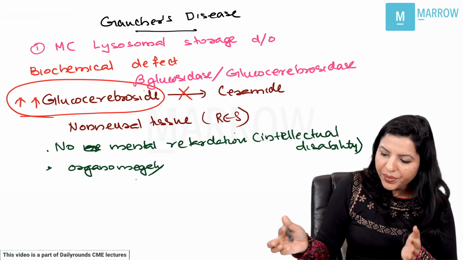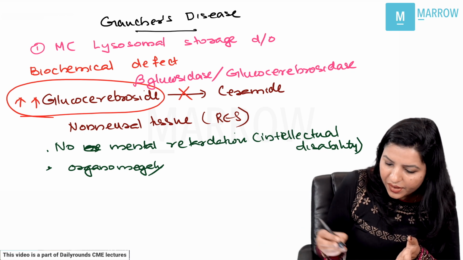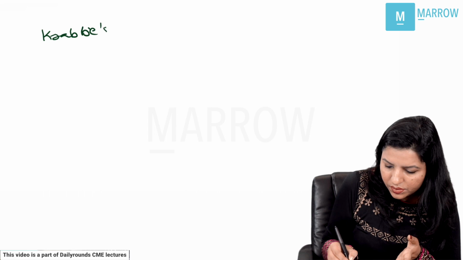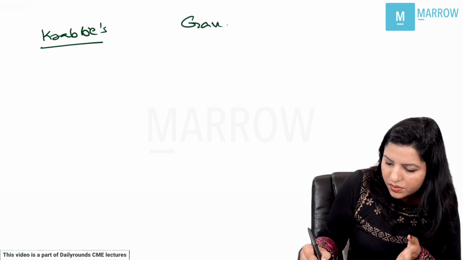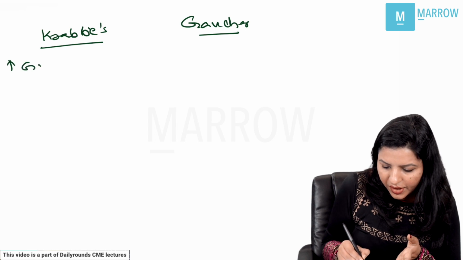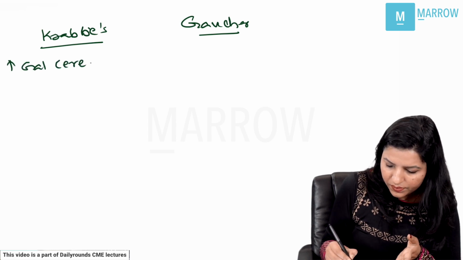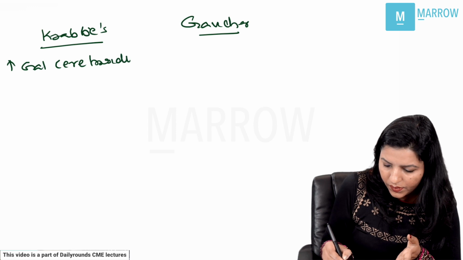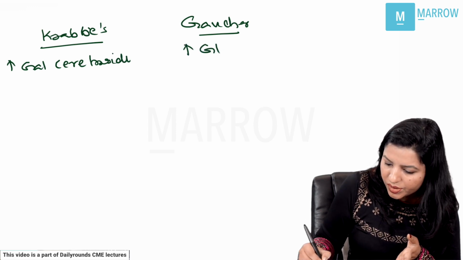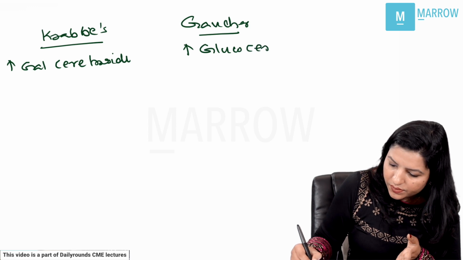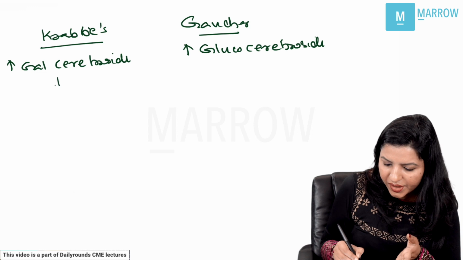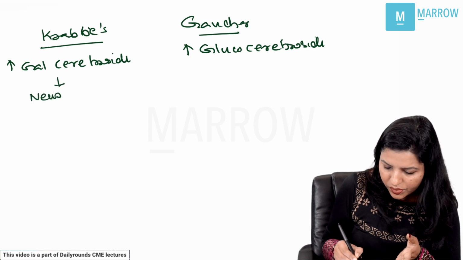Now I will compare Krabbe's versus Gaucher. In Krabbe's, what is accumulating is galactocerebroside, which is present in neural tissues.